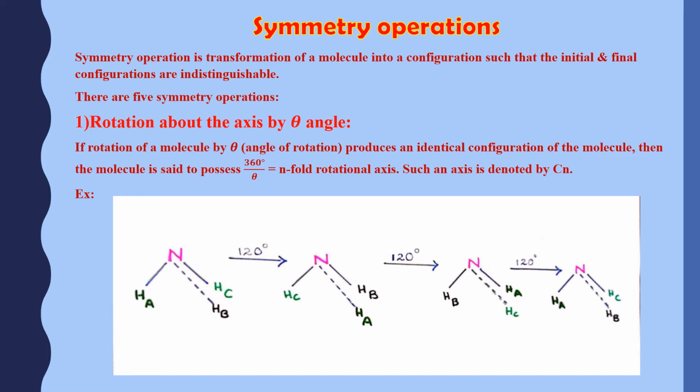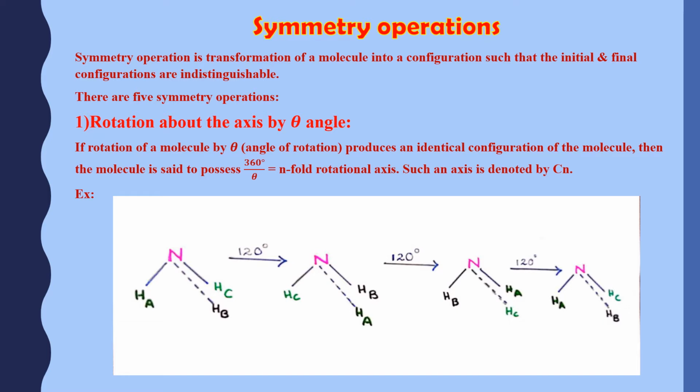A symmetry operation is the transformation of a molecule into a configuration such that the initial and final configurations are indistinguishable. What is the meaning of indistinguishable, students? They cannot be distinguished from one another.